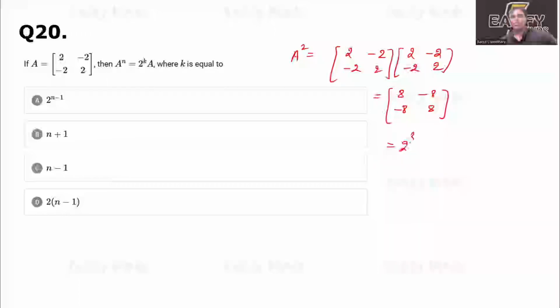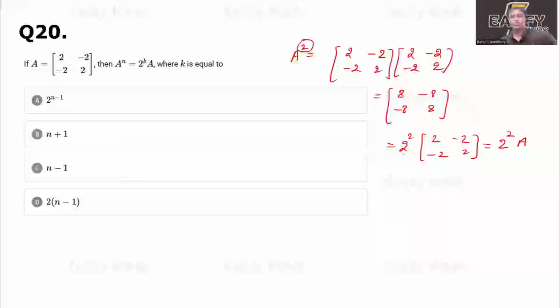So now you can see 2 power 3 is common. So 1 minus 1, not 2 power 3. Let's take a 2 square common so that I can compare easily. 2 square common, so it is 2 minus 2 minus 2 2. So it is 2 square A.